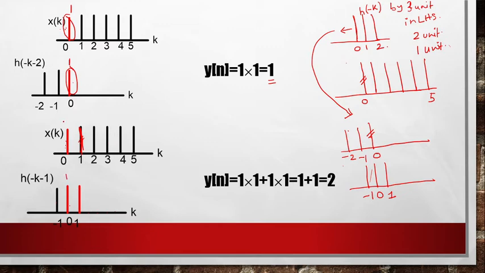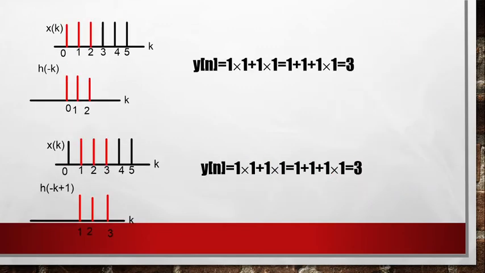So 1 into 1 will give you this one plus, now comes the summation, multiplication and summation. This and this will give you another one. So 1 plus 1 is giving you 2. So after advancement in the left hand side by 1 unit, the output is 2.